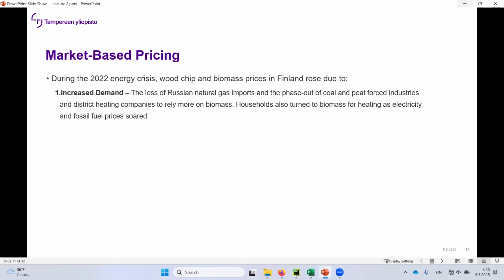And also, there have been some other issues that affect this. So increased demand, loss of Russian natural gas due to the war, so gas imports, and the phase out of coal and peat. So those have been already decided that, hey, we're going to phase out.